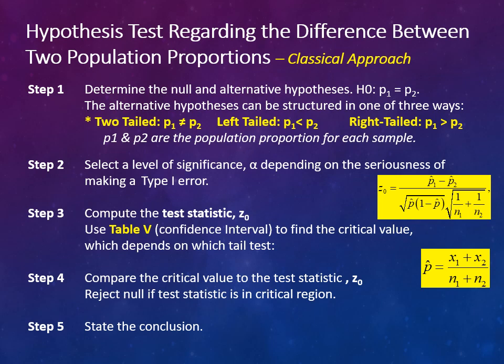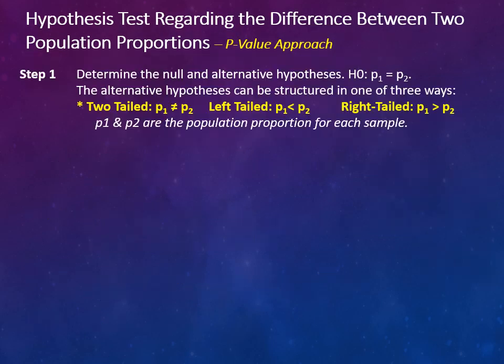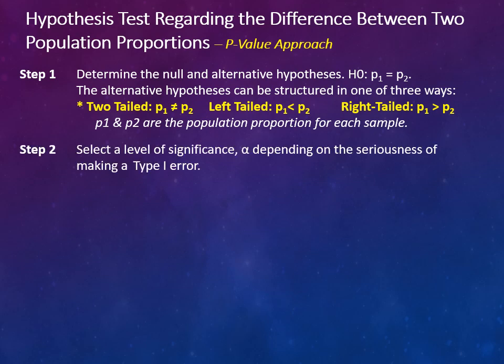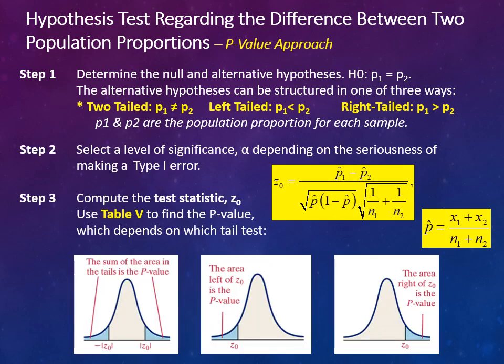With the p-value approach, it's again very similar. Step 1 is the same. Step 2 is the same. Even our calculation of the test statistic is the same, except now we're using table 5 to find the p-value, which depends, again, on which test.